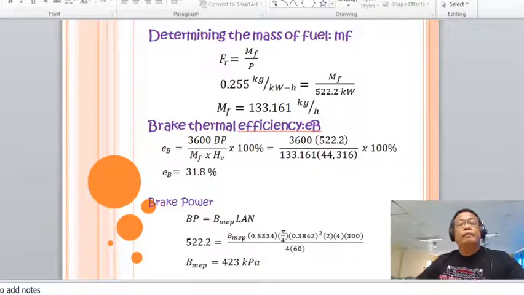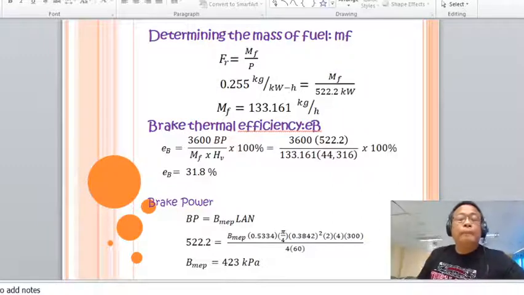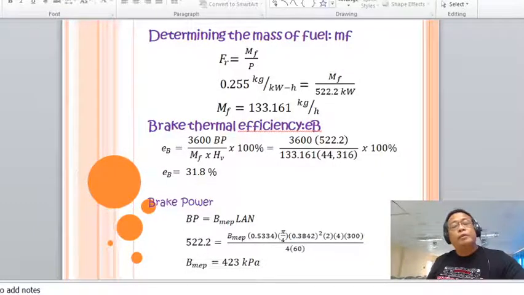Determining now the mass of fuel: knowing that the fuel rate is equal to the mass of fuel divided by the power, substituting values, the mass of fuel required is 133.161 kilograms per hour.